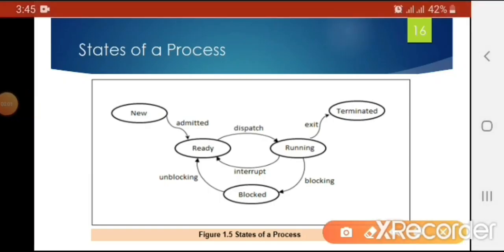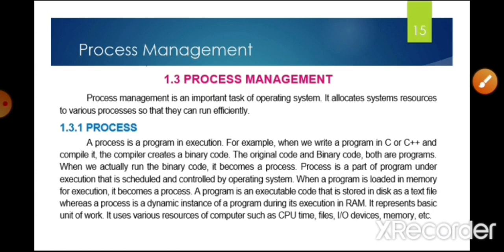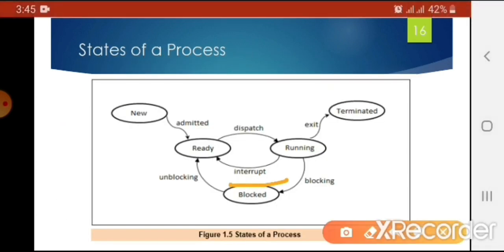Students, here we need to understand the word interrupt written over here. From the running state, a process can also come directly to the ready state when this interrupt is generated. So what is this interrupt? An interrupt is a signal emitted by hardware or software when a process of high priority arrives and it requires the processor to immediately release the processor that is assigned to the current process.